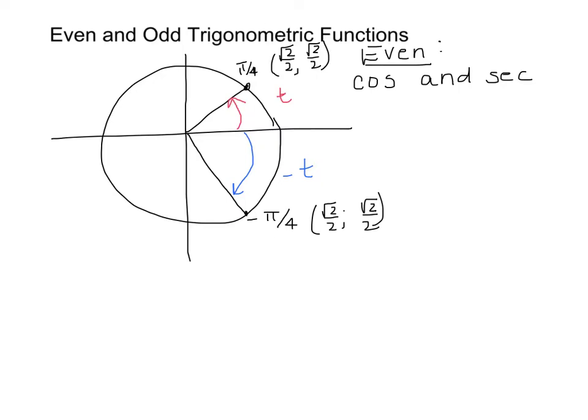That's why we call those even functions. If you do the reciprocal, the same thing's going to happen. So cosine of a negative angle and cosine of a positive angle are exactly the same. Same with secant.